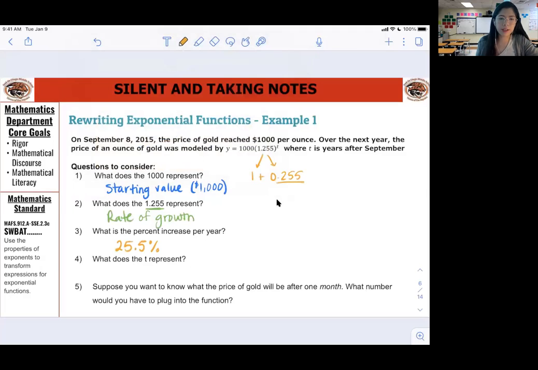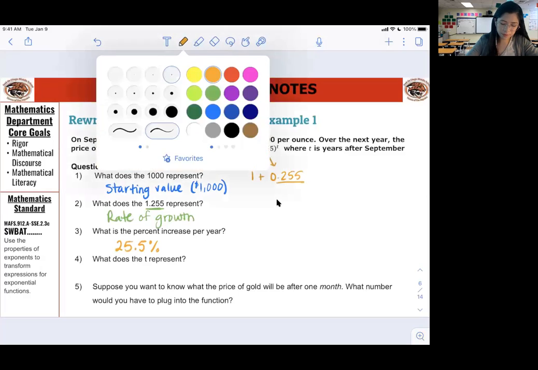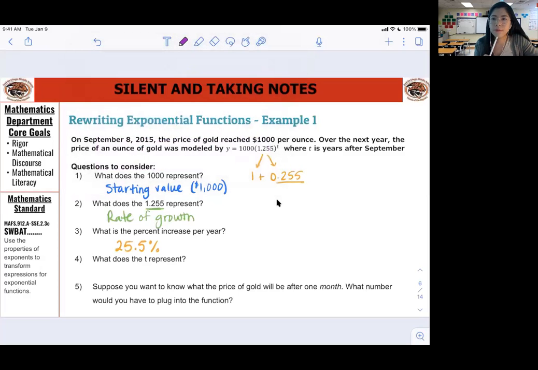And then finally, what does the t represent? Years. Bianca's got it. Good. So very important: this is years after September. You always want to know what that number is.